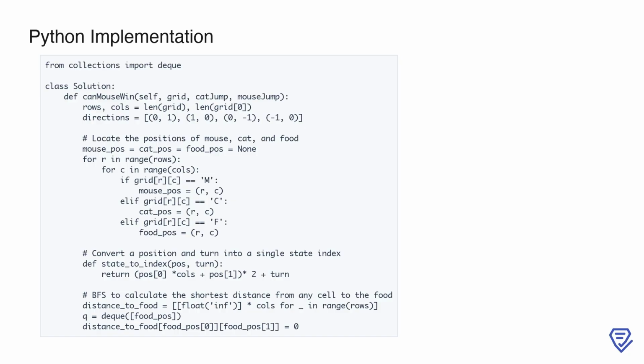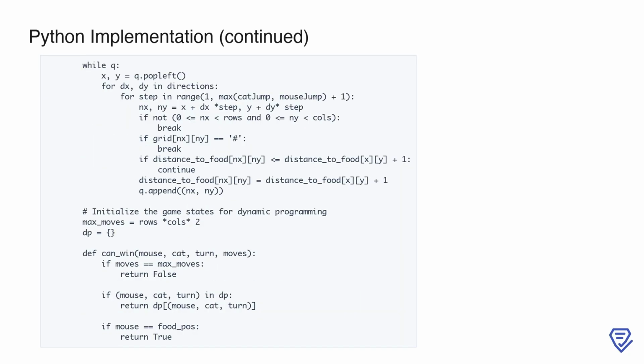To prepare for the game, we calculate the shortest distance from any cell to the food using breadth first search, BFS. We initialize a distance matrix with infinity for all cells, except the food cell itself, which is set to 0. A queue is used to process cells, starting from the food position. Using BFS, we process each cell in the queue and explore all possible movements in the 4 cardinal directions.